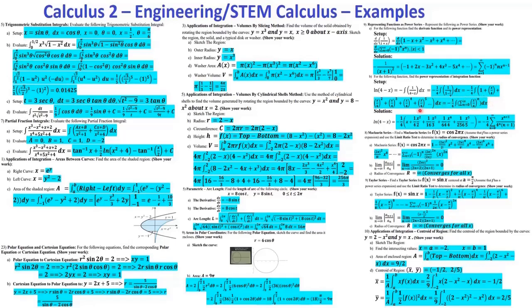Then when you integrate this, it is the same as integrating this power series. So the integration of this is ln of 4 minus x. Then the integration of the power series is minus 1 over 4 x plus 1 over 4 times x squared over 2 plus 1 over 16 times x cubed over 3 plus 1 over 64 times x to the 4 over 4 plus 1 over 256 times x to the 5 over 5 and so on.